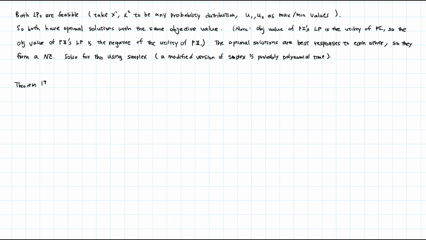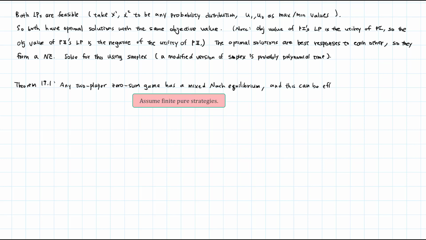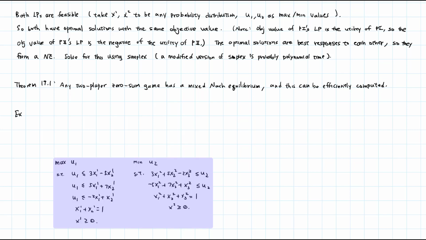So we have this theorem. Any two-player zero-sum game has a mixed Nash equilibrium, and this can be efficiently computed. If we solve our two LPs in our example, an optimal solution is, for player 1, 6/11 and 5/11, with U1 equal to minus 7/11.